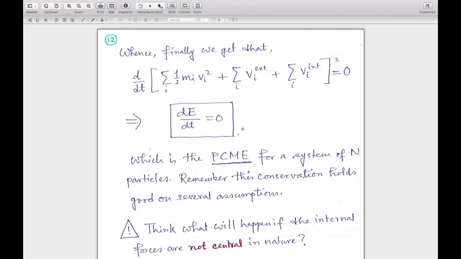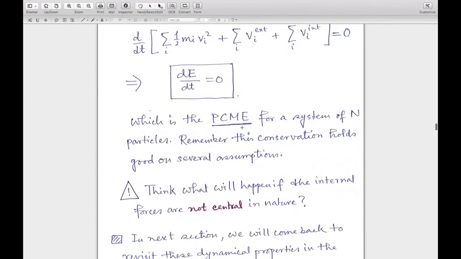Remember, in this conservation we have assumed several things. One is that the force should be conservative in nature. Another is that the potential function should be independent of time. Another is that the interaction forces should be internal, and the action-reaction forces should be central in nature. So all these things are there.